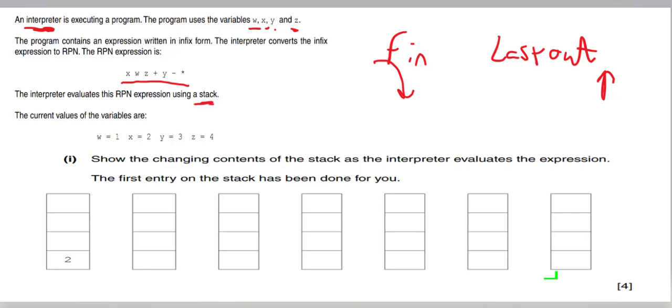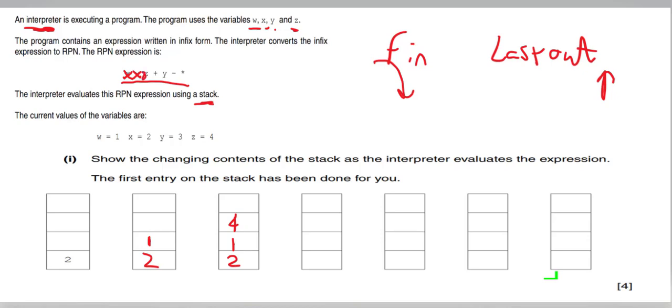We've got our 2, and the next number is W being 1. So we've still got a 2 in there, and a 1 in there. Really simple. We've now got Z, which is worth 4. So we've got 2, 1, 4.